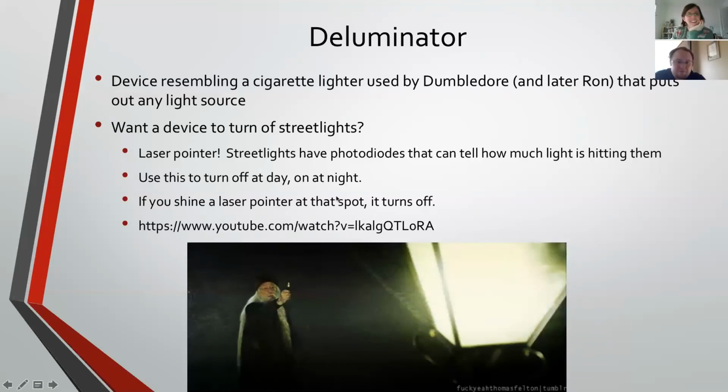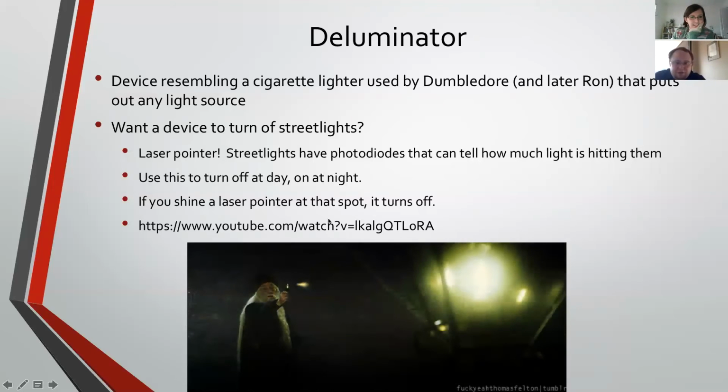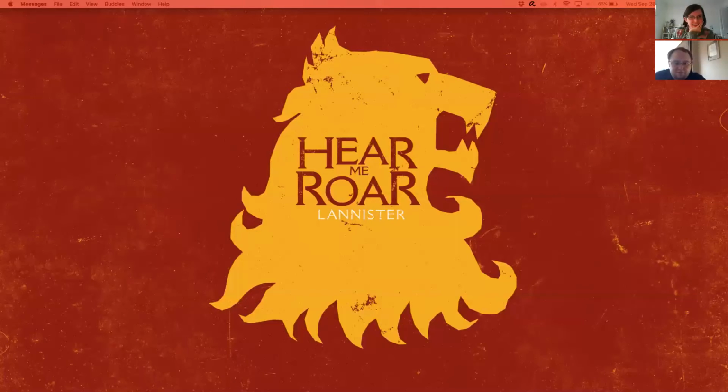This one here, we're going to minimize for a second. Is it actually loading, or is it going slow?